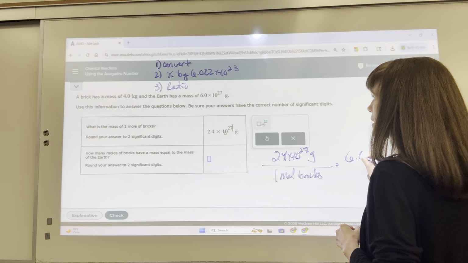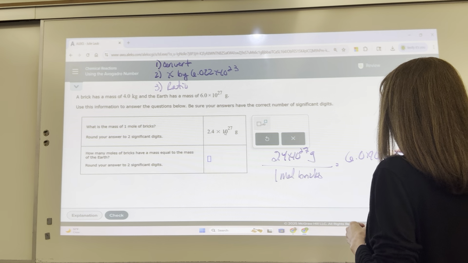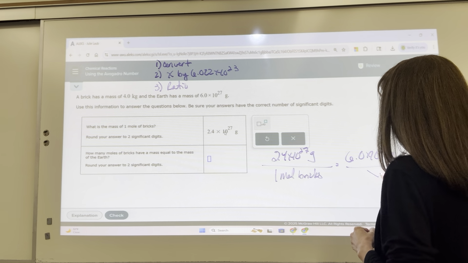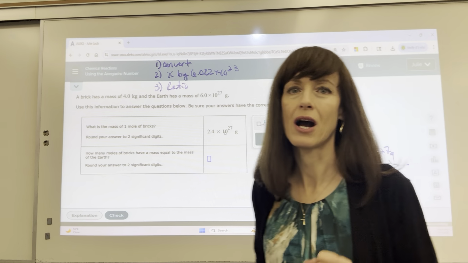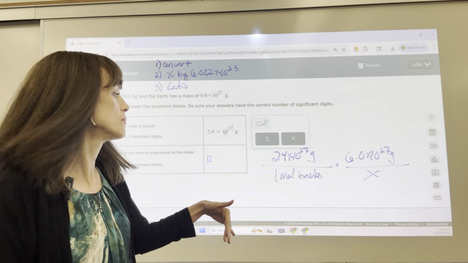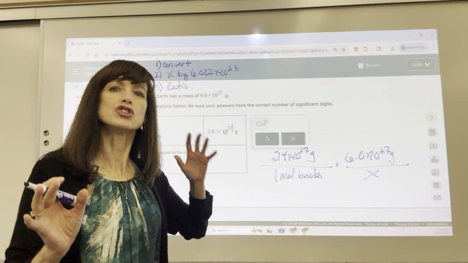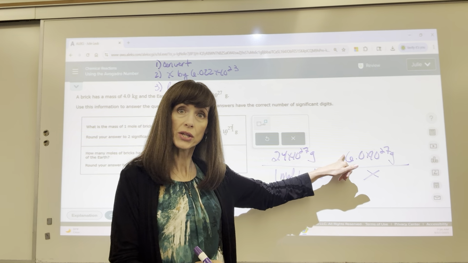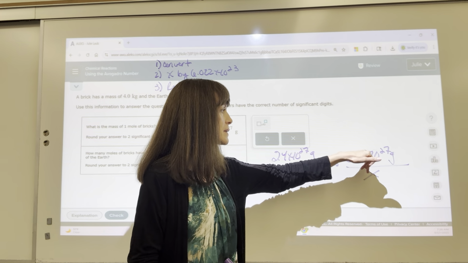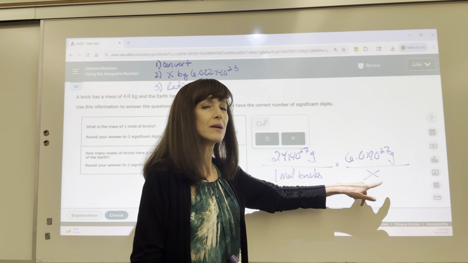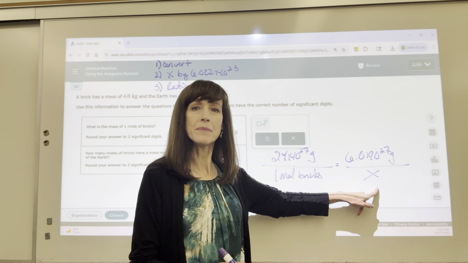I have 6.0 times 10 to the 27 grams. How many moles of bricks? Can you see that ratio? 1 mole of bricks, 2.4 times 10 to the 27. But I say, wait, let's change that mass to match the earth. What if I have a mass of 6.0 times 10 to the 27 grams? How many moles of bricks will that be?